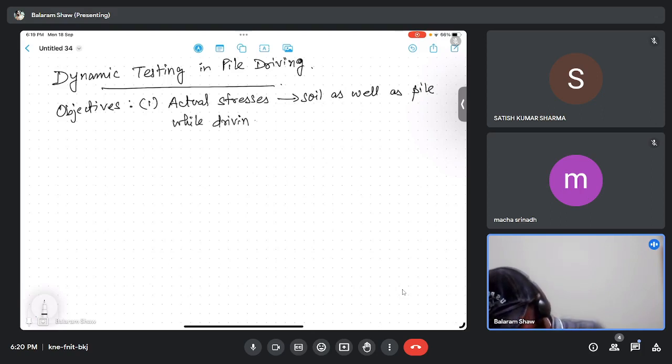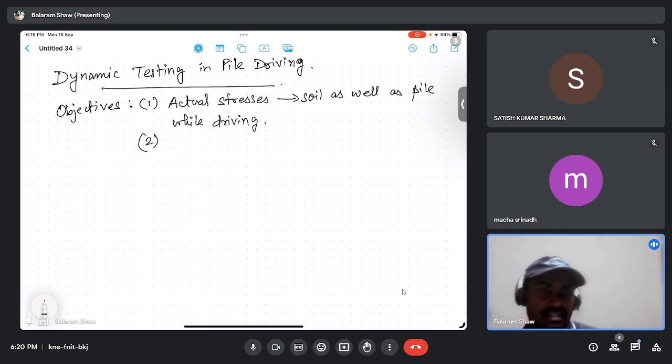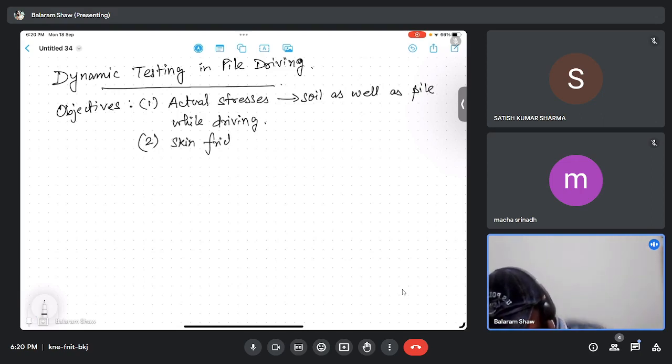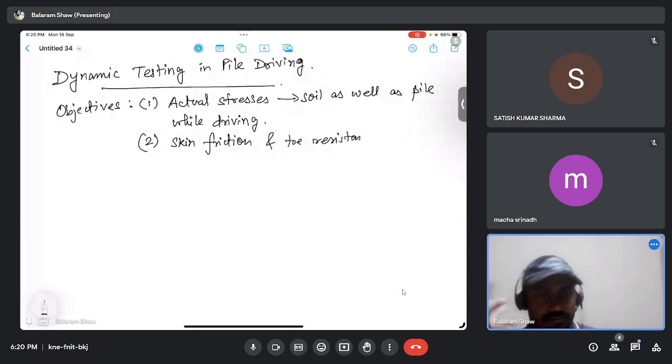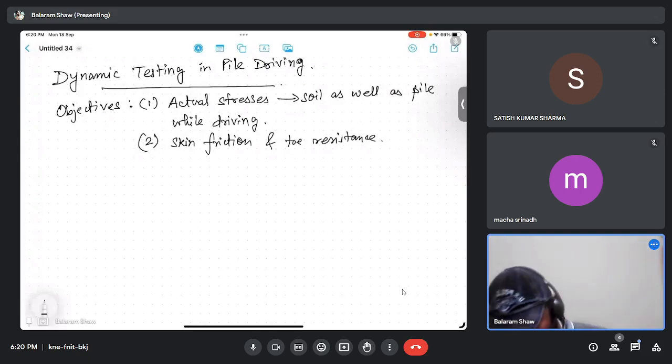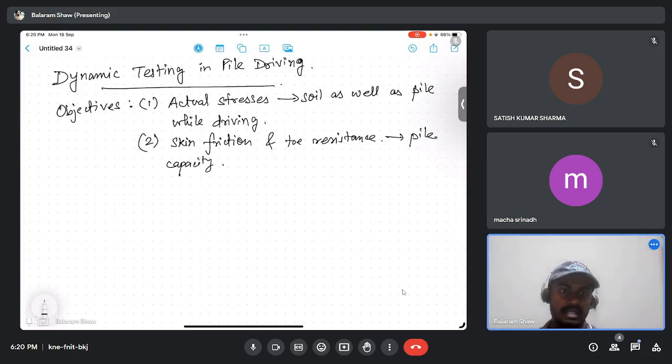Then, let us say we have friction piles or end bearing piles, we have to know the skin friction and the end resistance or toe resistance. And also deciding the actual pile capacity of the cast in situ pile.